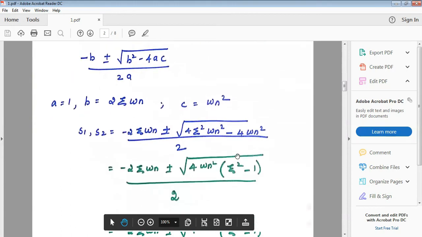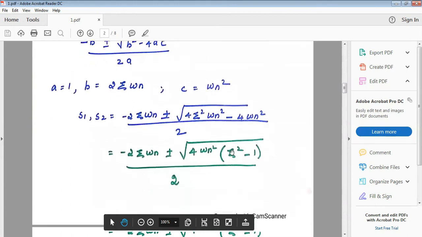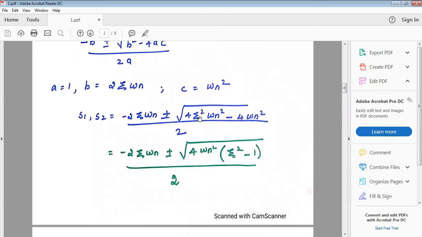In these 2 terms, 4 omega n square is common. Take it outside, then we get theta square minus 1.